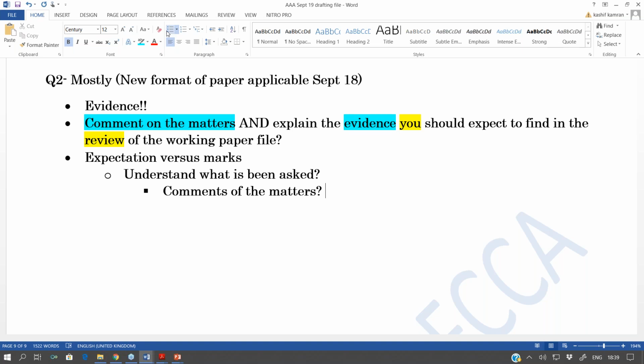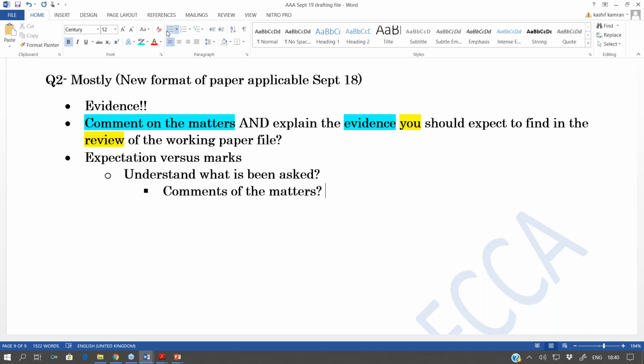If you remember, yesterday on day one, when we were attempting a question on risk of material misstatement, we write the materiality, the treatment, the risk, and the impact. Does everyone remember that from yesterday's session? Materiality, treatment, risk, impact. And how many marks were we getting for that? 3. You are doing exactly the same here, but the marking scheme will change now.